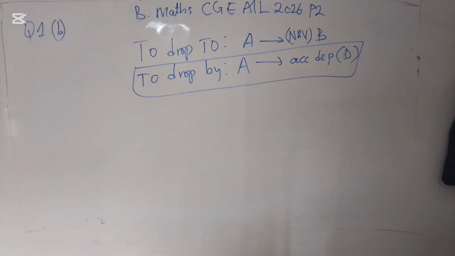We are going to solve it using two methods, because many students don't master the depreciation formula. So I'm going to solve it using the two formulas for you to know how to handle formulas like this, because you can convert one to the other and still get the same answer. So let us do it.